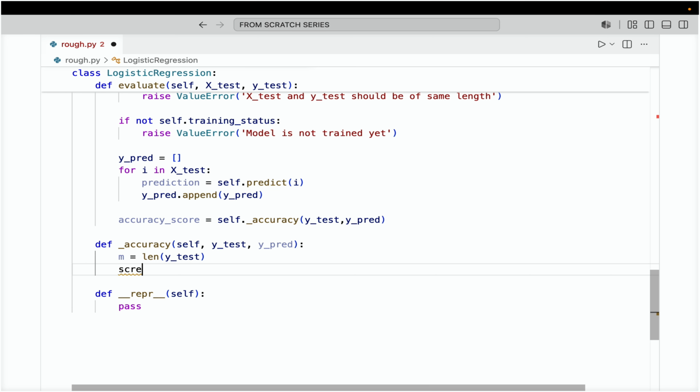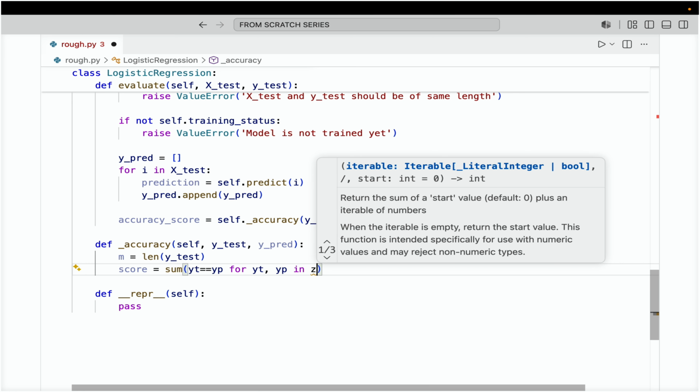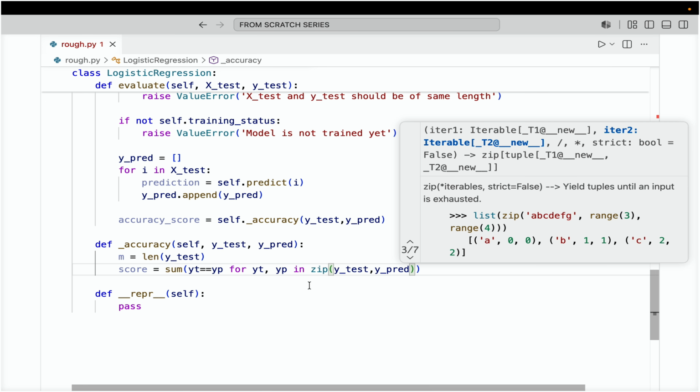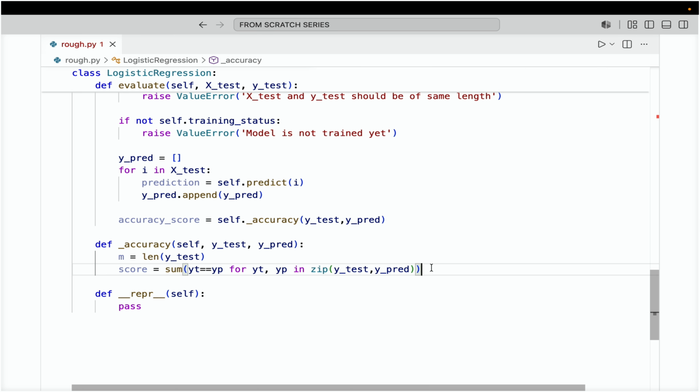Find the length, and score is nothing but you just need to check y test against y pred, not this. You need sum for the values for yt comma yp in zip of y test and y pred. So we are comparing each value in y test and y pred, and if they match we get true, and if they don't match we get false. We are summing up all the values when it is true.